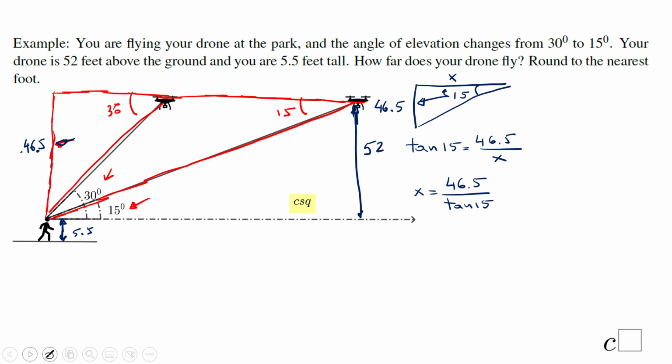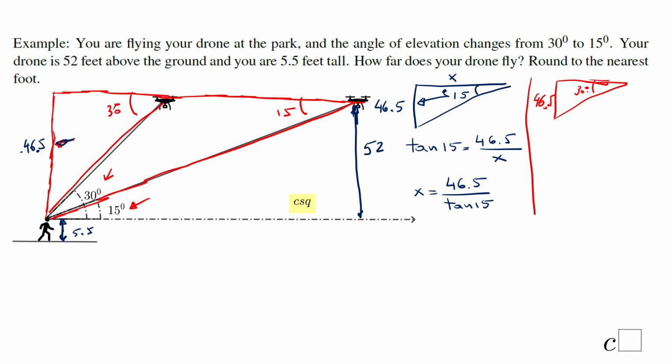But very similar, we're going to have to take the small triangle now. Where this angle now is 30 degrees. And this is still 46.5. Let me be sure I put the dot there, 46.5.